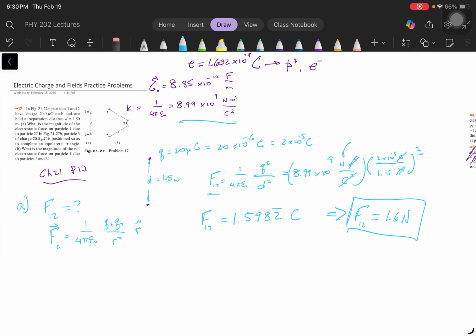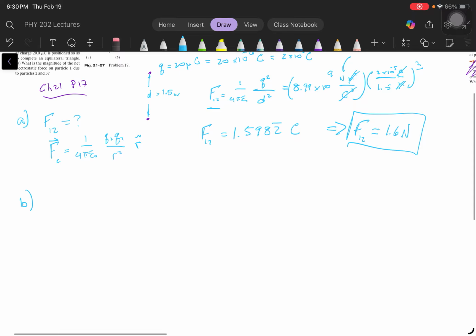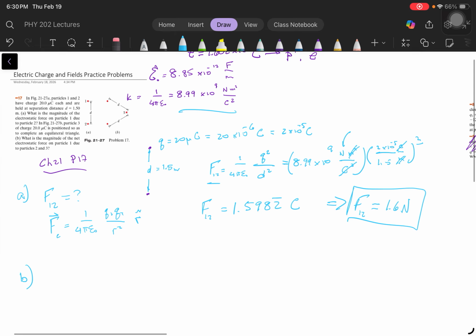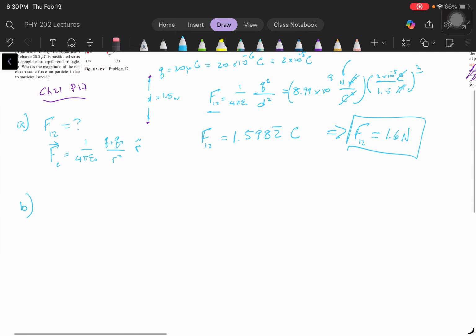Okay, part B, get a little trickier with it. Now we have a third particle brought into the mix. So we have particles 1, 2, and 3.